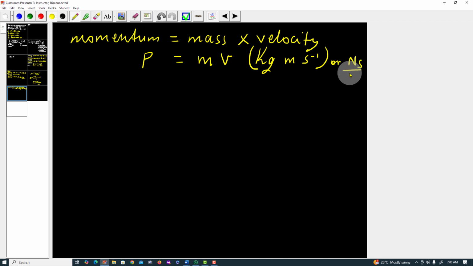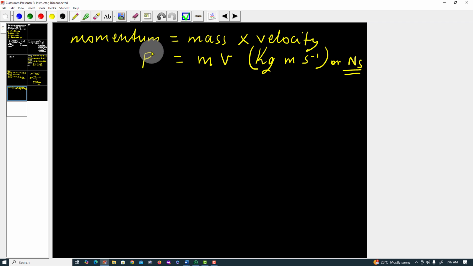We are going to see in this video that kilograms meter per second is the same as Newton seconds. But for now, I've shown you how the SI units of momentum are derived. I simply need to get the SI units of mass multiplied by the SI units of velocity, and I get the SI units of momentum. It's just that simple.